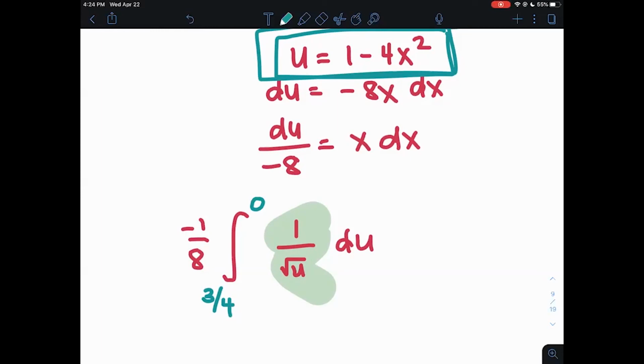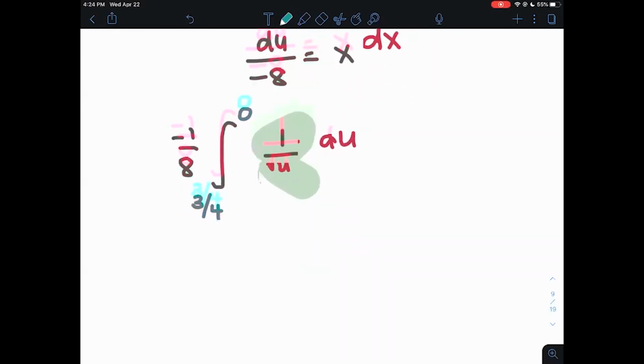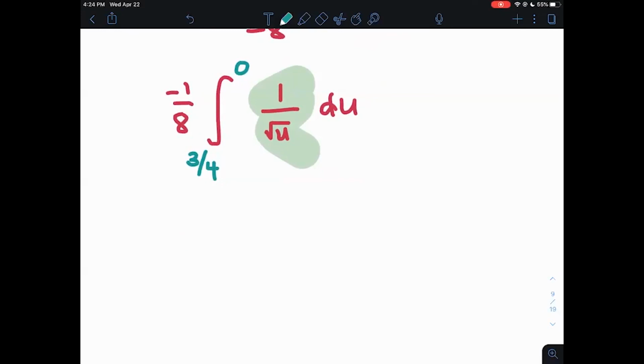Now, again, I'm not going to do just integration skills forever because you can do this in a calculator really nicely. But I do just want to show you one quick thing here, and then I'm going to show you what my calculator screen looks like. Remember the property that we talked about a couple of slides ago? If I flip the limits of integration and I negate my entire expression, I still have an equivalent statement.